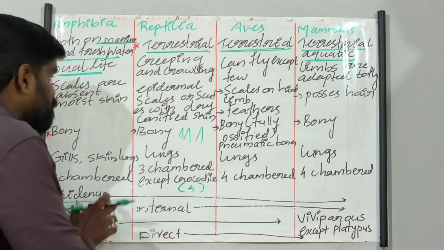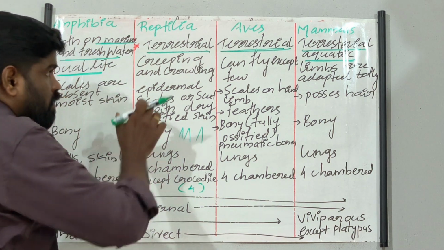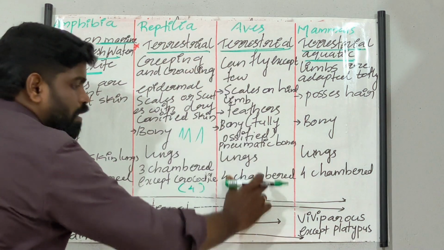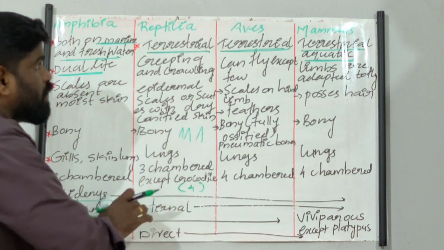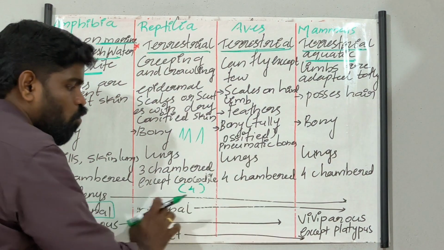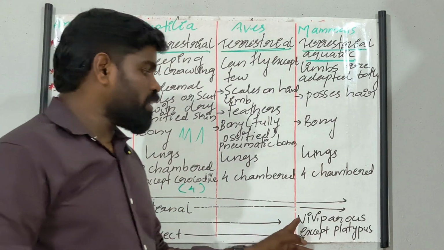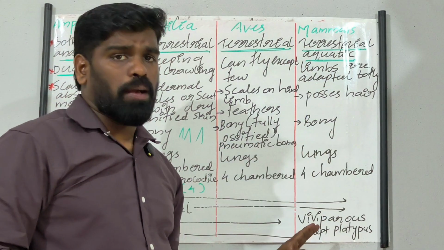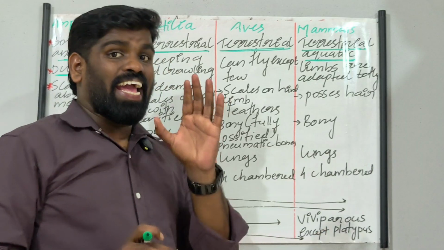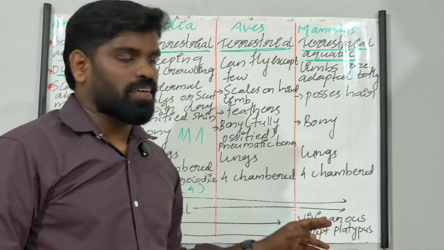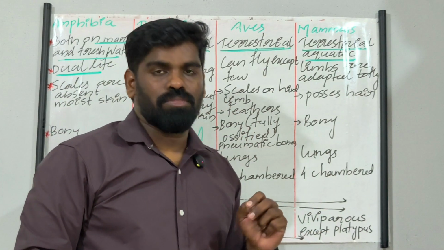Now, amphibians, reptilia, aves are oviparous. Amphibians, reptiles, birds are oviparous. But in case of mammals, mammals are viviparous, except egg-laying mammals, that is platypus.